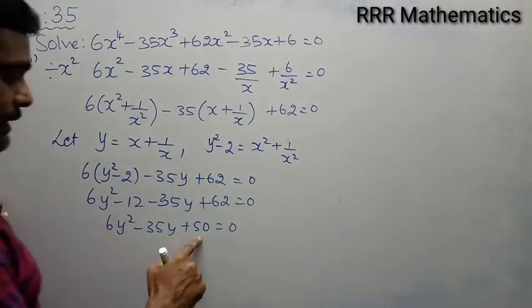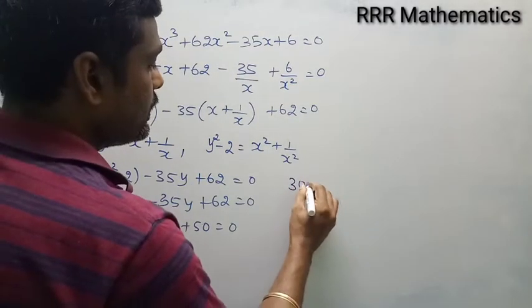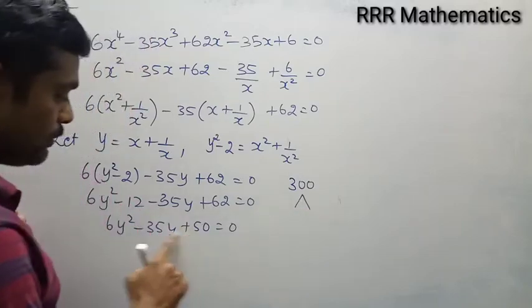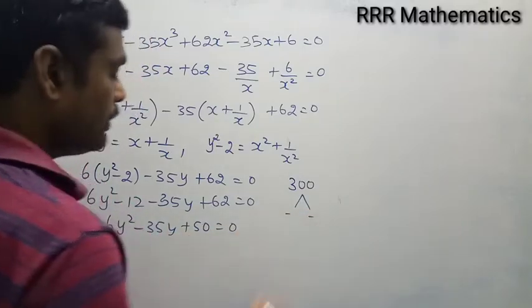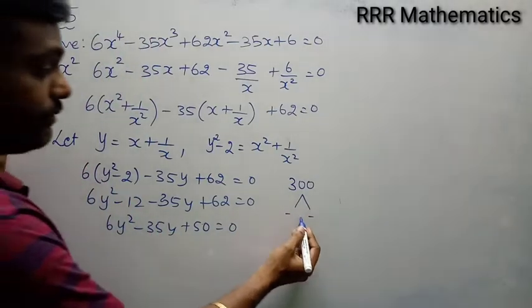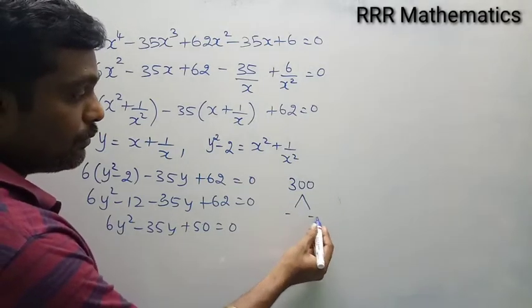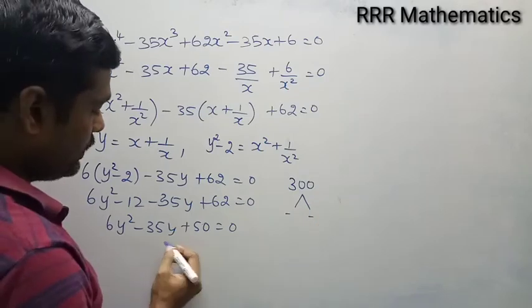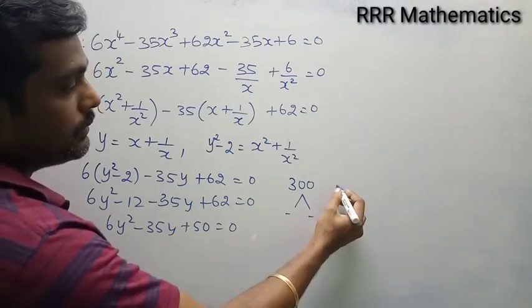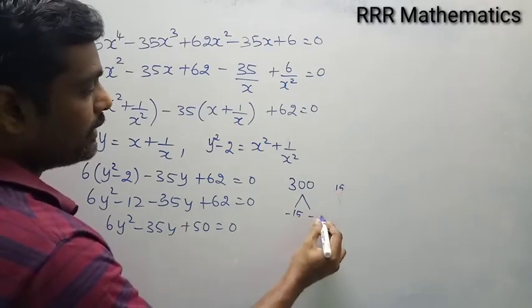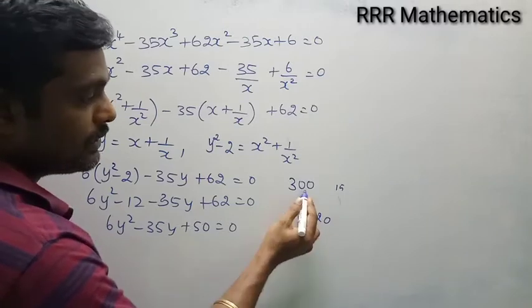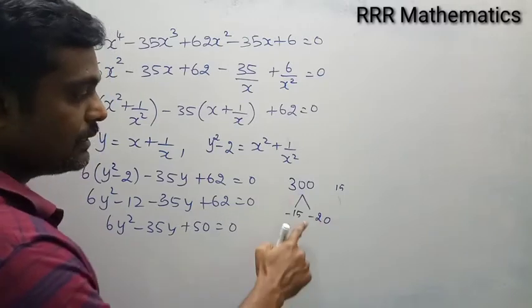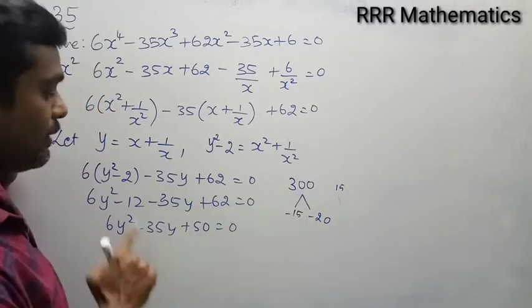The product is 6 into 50, which is 300. Product is positive, sum is negative, so both numbers are negative, whose product is positive, and when you add, you will get 35. That is 15 times 20. 15 times 20 gives 300, minus into minus is plus. Minus 15 minus 20 gives minus 35.